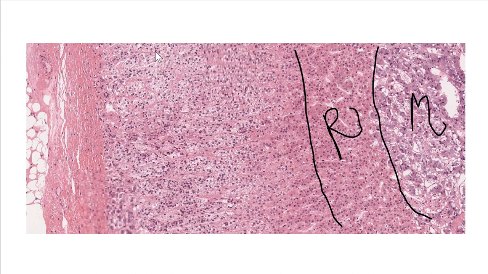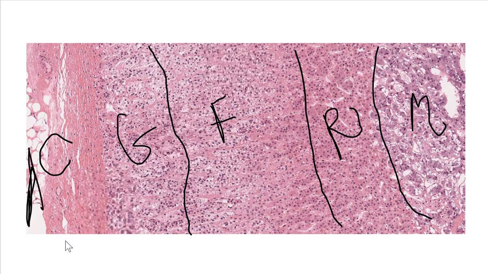And then about to here, I believe, would be our fasciculata. And then our glomerulosa, our capsule, and then our apical surface should be over here.